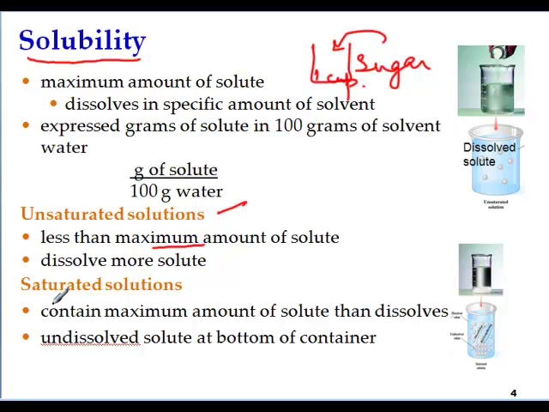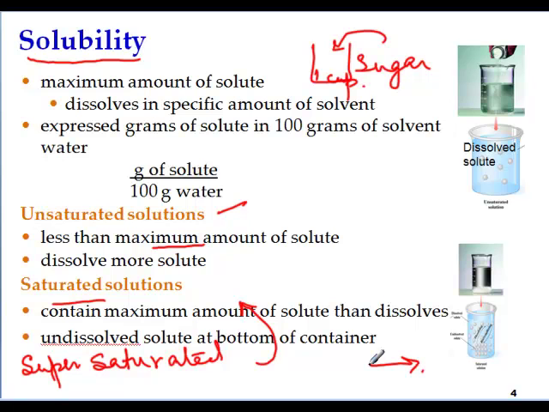And when it reaches the maximum amount of solute in that amount of solvent, where it becomes difficult to dissolve, it's called a saturated solution. Now, pretty soon afterwards, you will have undissolved solutes at the bottom, and this would be called supersaturated. However, supersaturated solutions can also be turned into saturated solutions if you heat the solution up.